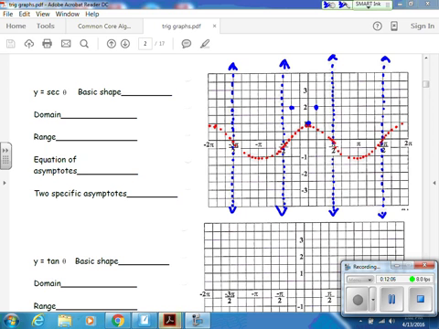Is it ever going to come down here? Can I get over here at all? Are any of these right here negative? If I flip them, will they ever be negative? No. I totally missed those points, but let's pretend I didn't. So it's going to look something like that.